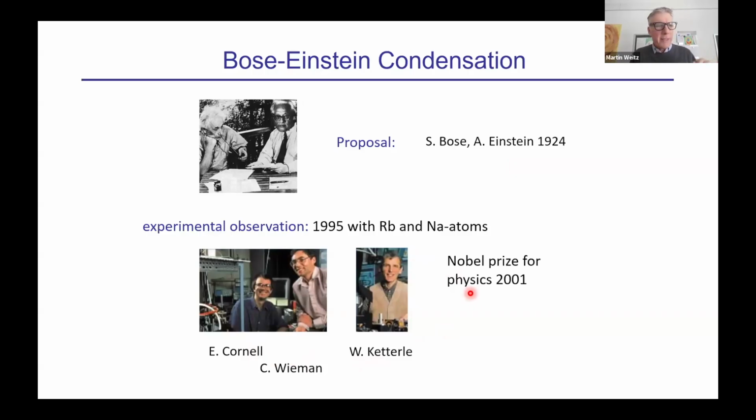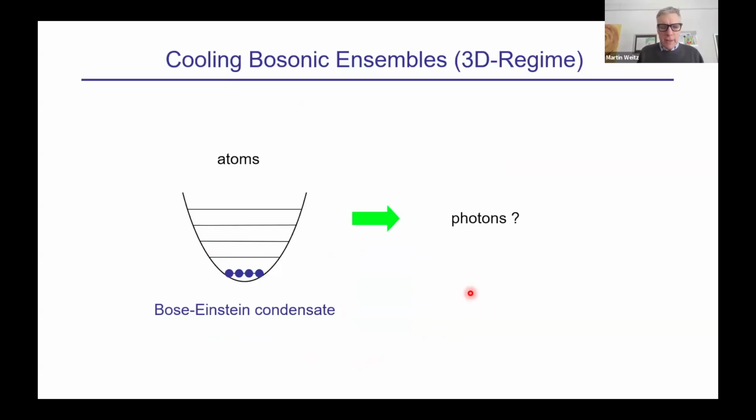This was basically the topic of previous lectures. In summary, if you cool down atoms to very low temperatures, you obtain a Bose-Einstein condensate.